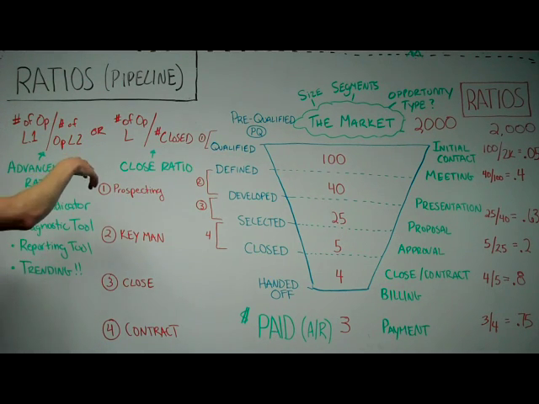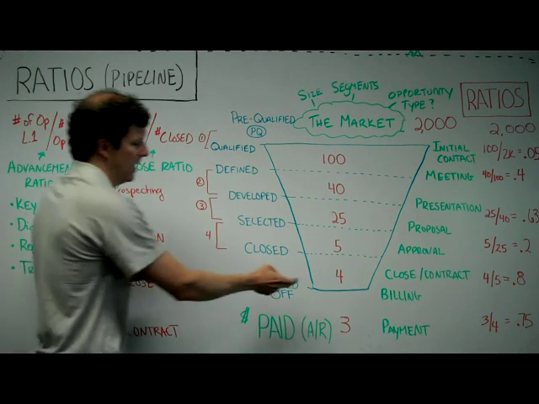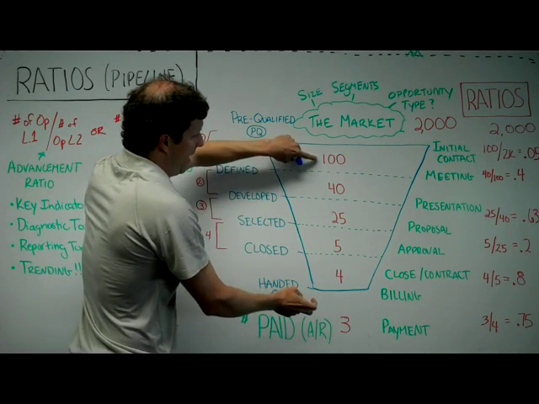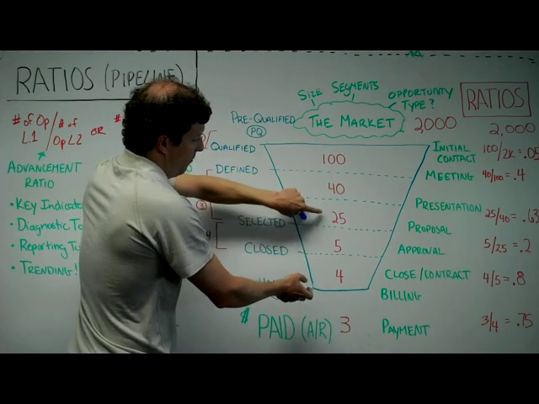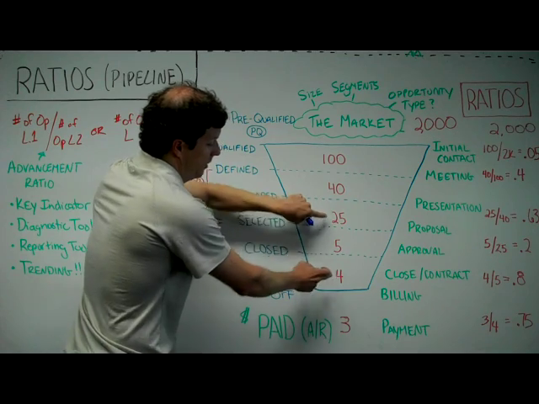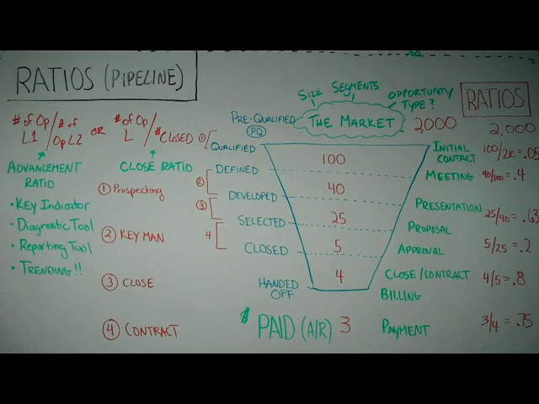I'm sorry, that's actually the other way around, but it's closed over the number of opportunities. You're looking basically at how, if I have 100 and I close 4, what ratio does that give me? If I have 25 and I close 4, what ratio does that give me? So those different ratios are going to help you diagnose things inside of your company.